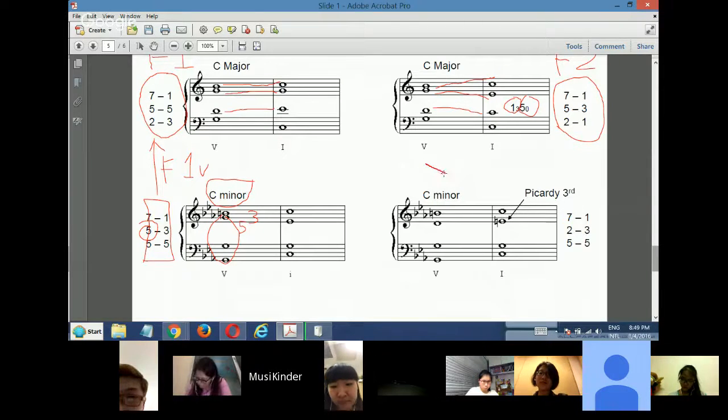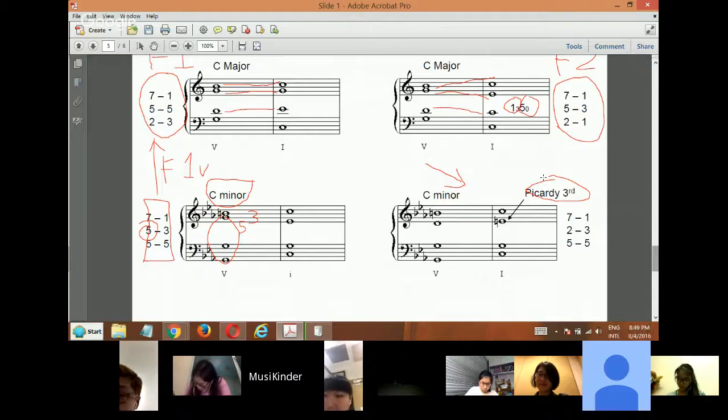Now lastly, we look at the one that is over here. C minor again. Over here we can see that it comes with a Picardy third. Usually in C minor it will sound like this. But with the Picardy third, this time round it sounds like it's giving hope.